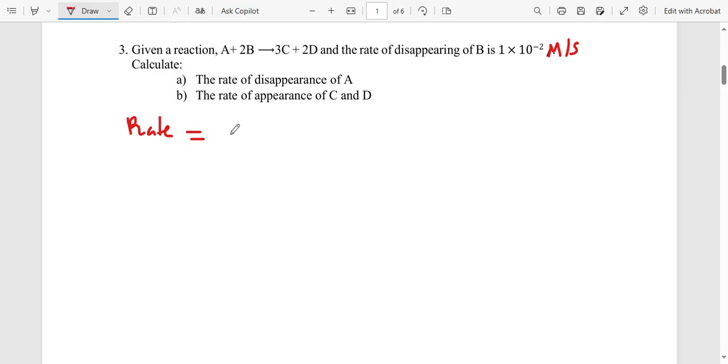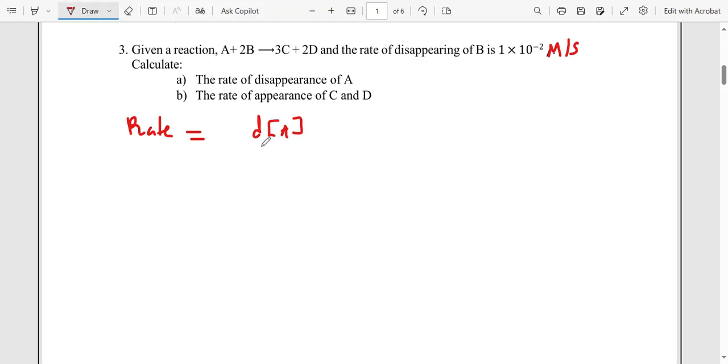So rate is given by change. In this case, we're going to start with A. So get the change in the concentration of A. I can either write dA or I can write delta A. It's the same. The triangle and d both mean change. So we're going to say change in the concentration of A divided by the change in time.